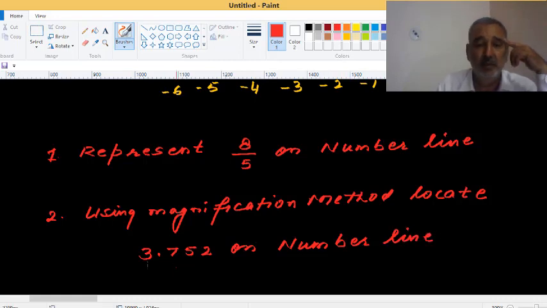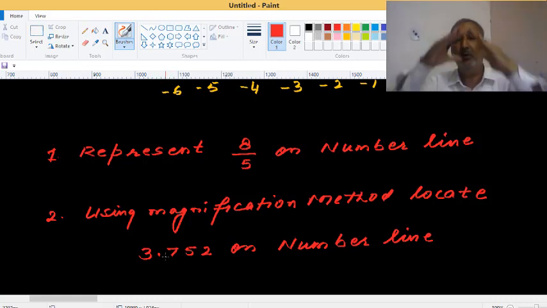If you need some hints, you have to take your number line first, represent 3 and 4 on it towards right, then stress 3 and 4 up to 10 parts.